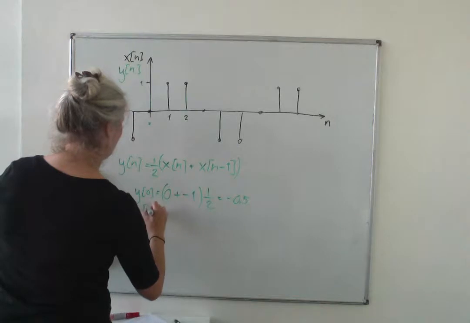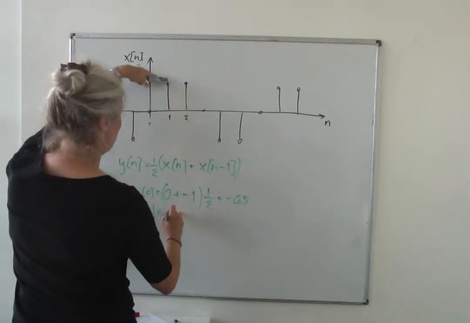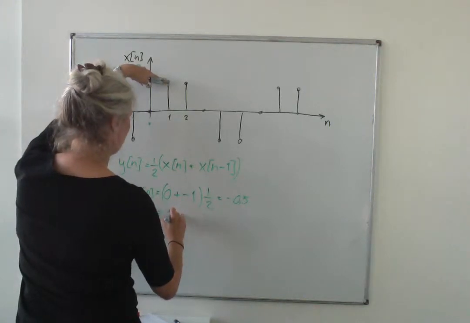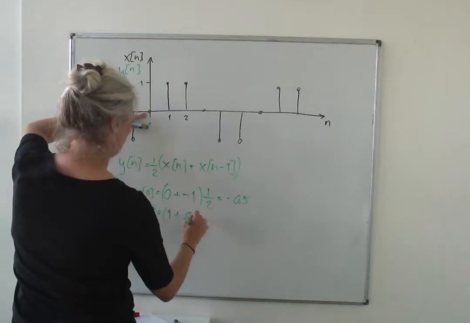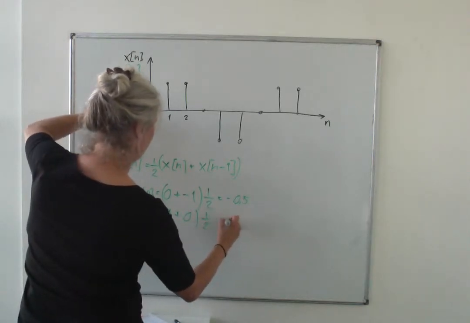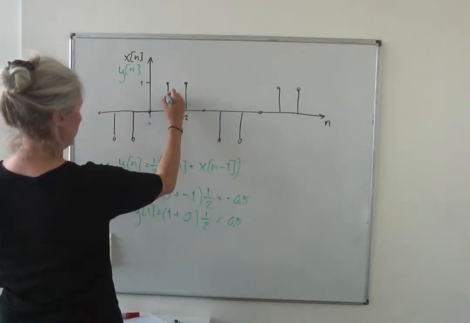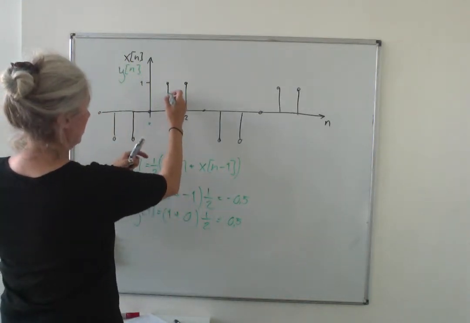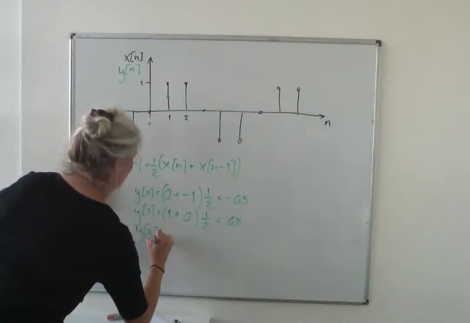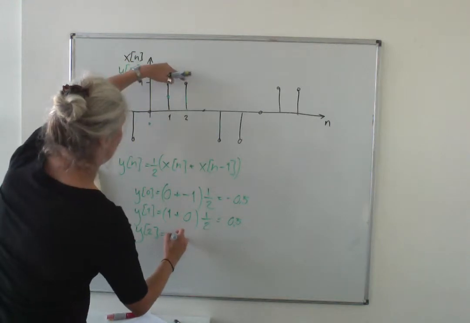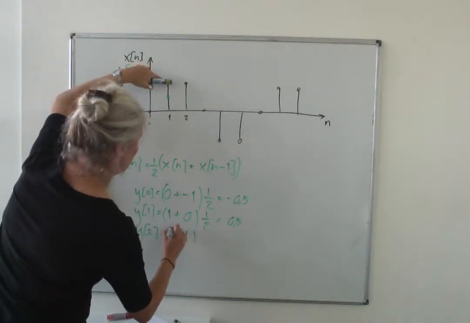For sample 1, we have the current value, which is 1, plus 0, divided by 2. So, positive. For the second sample, we have 1 plus the previous, which is also 1.